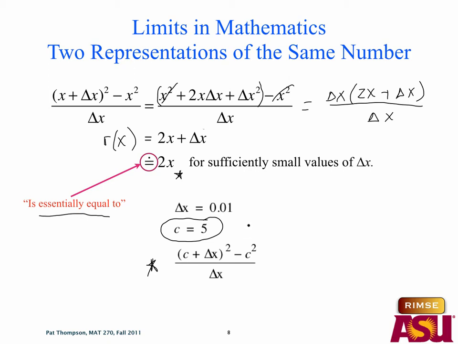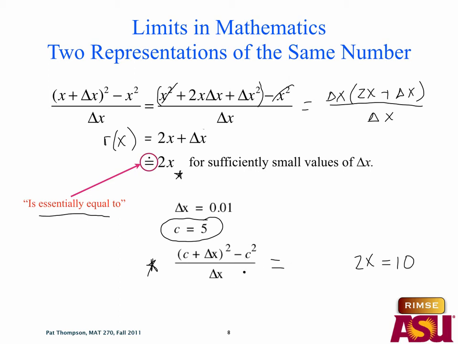Okay, so when x is 5, I've asked you to do two things. I said compare the value of this expression that I've got this star down here next to, and the value of 2x. When x is 5, what is 2x? Not a trick question. 10. Cool.